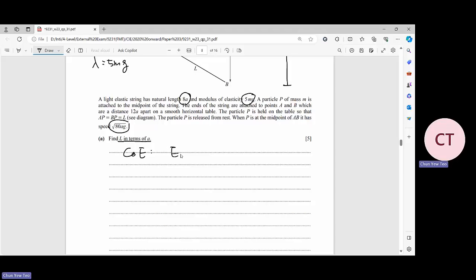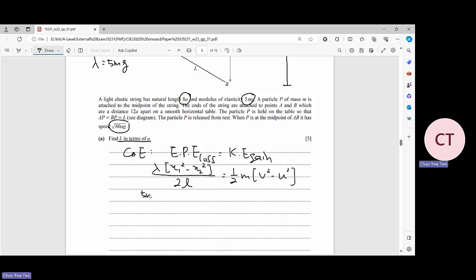So you have the EPE loss equal to the KE gain. EPE loss will be lambda over 2L times x1 squared minus x2 squared, equal to half m times v squared minus u squared.